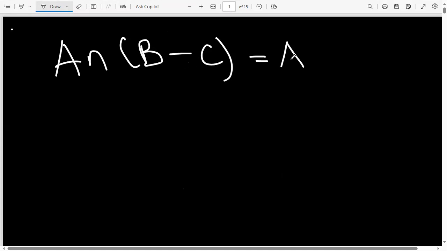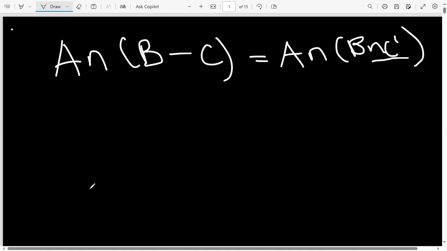So this is going to be A intersection, and then in the brackets B intersection C complement. Then from there we can plot these on the number line and find the set described by this expression.